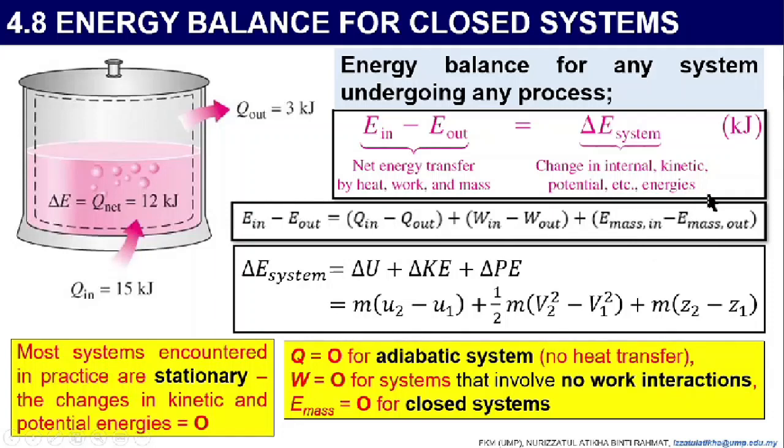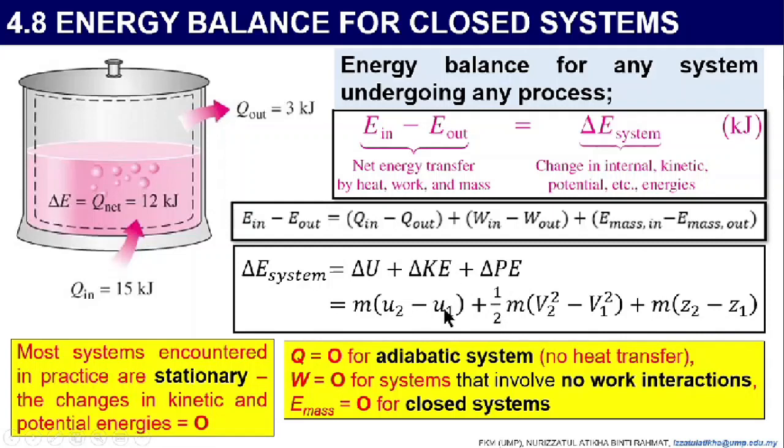This equation can actually be written like this. Delta E system, E in minus E out, equal to delta U, internal energy, plus delta KE, kinetic energy, plus delta PE, potential energy.